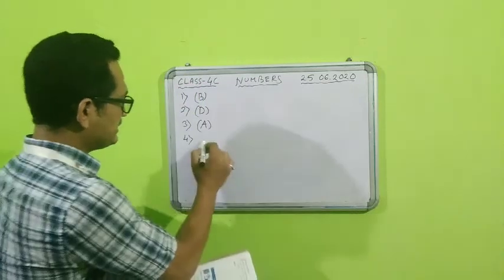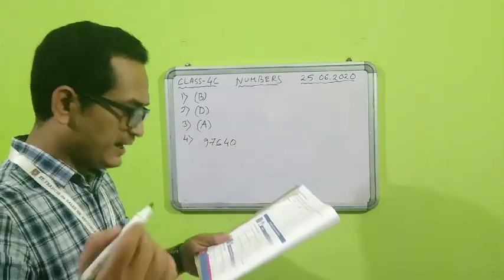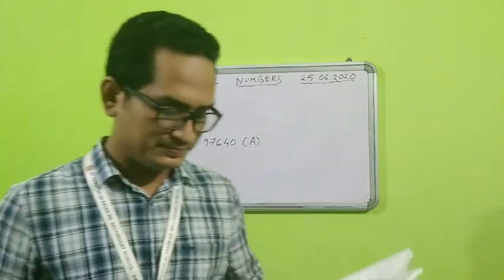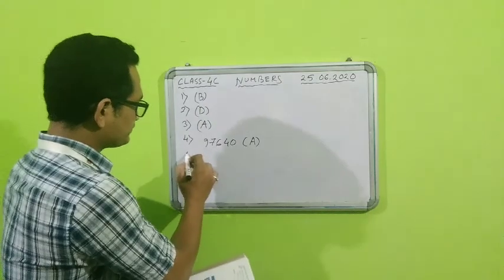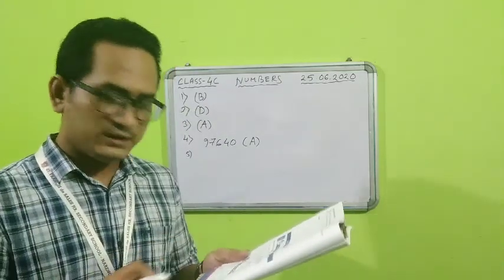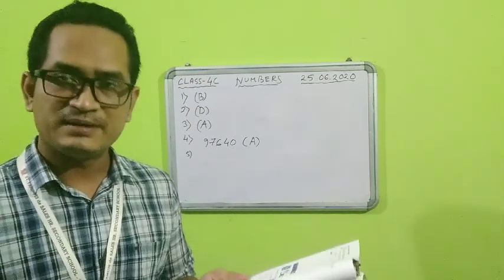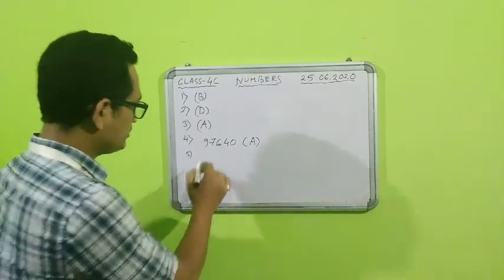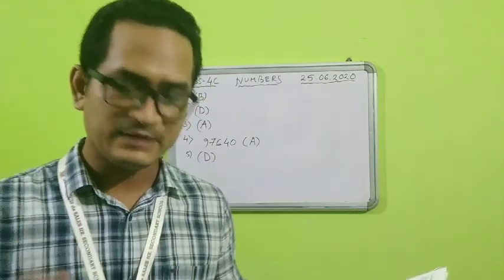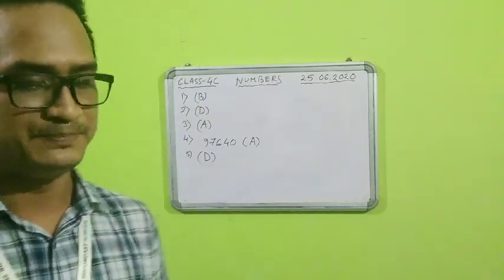So the answer will be 97640, that is option A. Number 5, the largest number among the following: see option D, 87,216. The correct answer is option D, 87,216, which is the greatest among all 4 numbers.